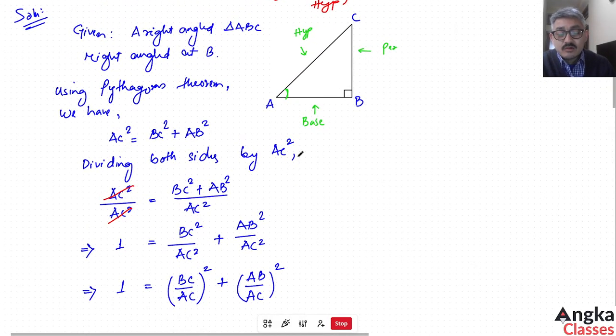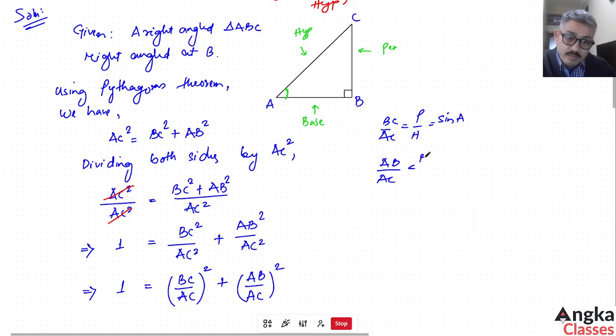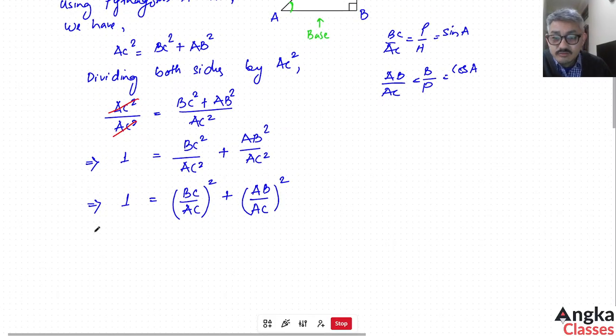Now, BC is perpendicular and AC is hypotenuse, so BC by AC is perpendicular by hypotenuse, which is nothing but sine of A. Similarly, AB by AC is base by hypotenuse, which is nothing but cos A. Substituting, 1 is equal to sine A whole square plus cos A whole square.